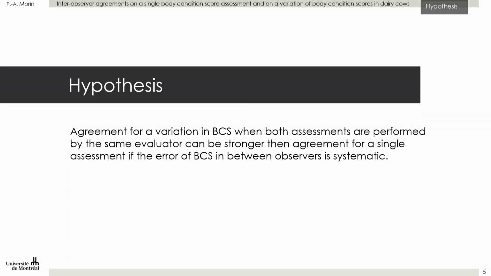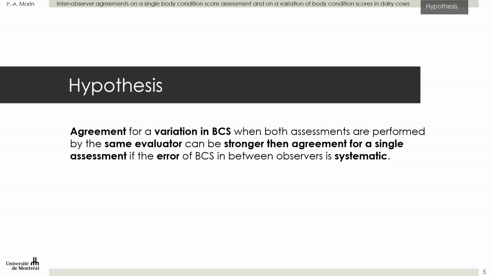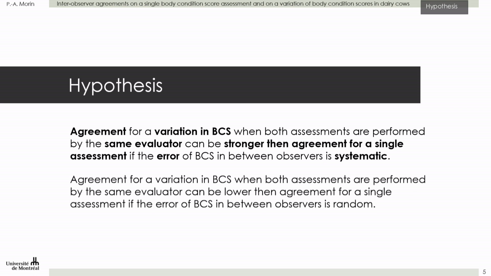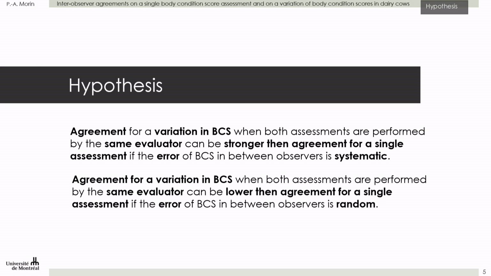Our hypothesis is that agreement for variation in BCS, when both assessments are performed by the same evaluator, can be stronger than the agreement for a single assessment if the error of BCS between observers is systematic. But if this error is random, then the agreement for a variation in BCS will be lower than the agreement for a single BCS assessment.